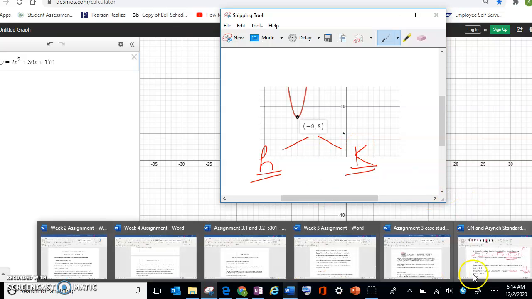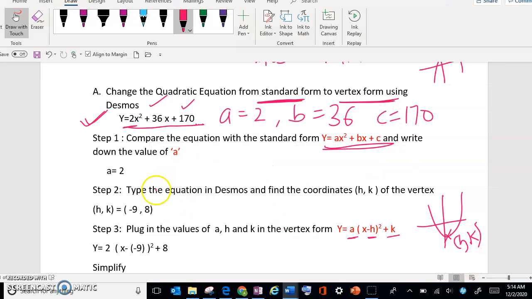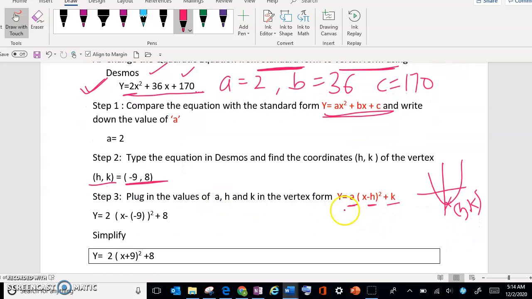So we go back there and write down h and k as -9 and 8. Okay, now we take the vertex form of the equation, which is a times x minus h whole square plus k. So where did this a come from? The a came from the standard form, which we saw was equal to 2, the number in front of x square.